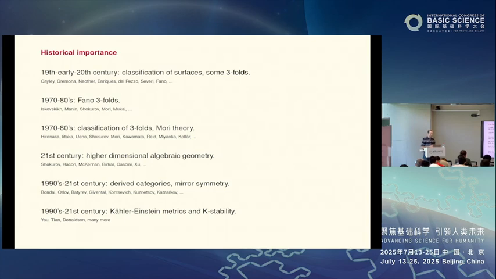But these people later developed it, made it rigorous, and expanded it. What they did in the 1970s and later in the 80s was classify Fano varieties in dimension 3. That was very important, not just for the geometry of Fanos, but it also led to the development of algebraic geometry in dimension 3, or the classification of algebraic varieties, not only Fanos.